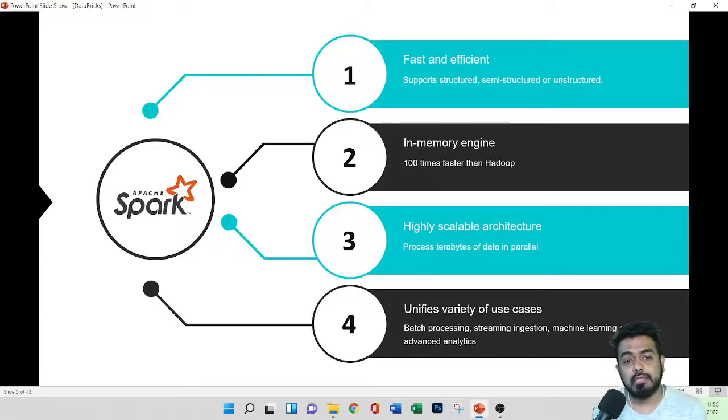The leaders in e-commerce like Alibaba and eBay use Spark to analyze petabytes of data, and some such use cases of Spark are targeted advertising, personalized recommendations, and many more things. So it helps in batch processing, streaming, ingestion, machine learning, and advanced analytics.